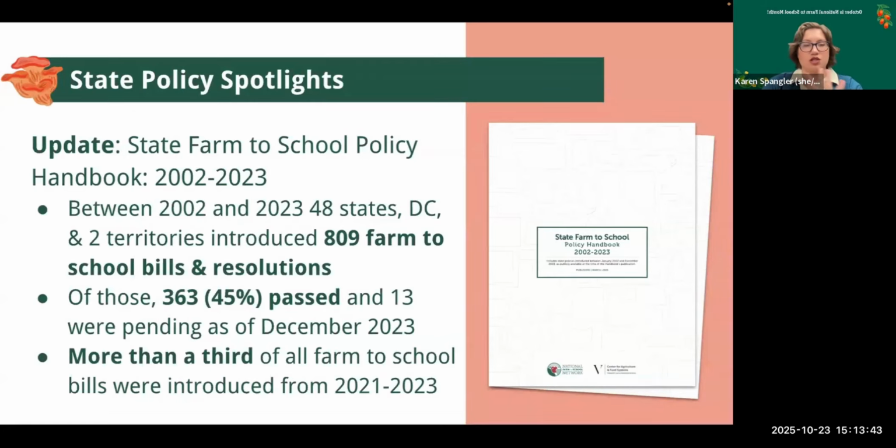So looking at policies from 2002 to 2023, and the growth of these kind of policies. So not just that you would think like, oh, can there be any more? But there's a third of all farm to school bills were introduced from 2021 to 2023. So an expansion of work and momentum in this area. I encourage you to go check that out.